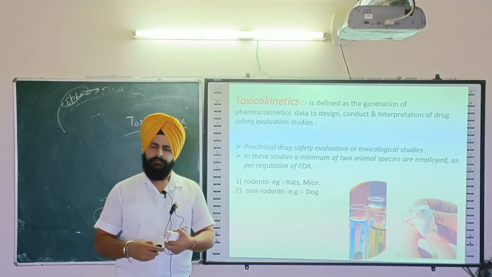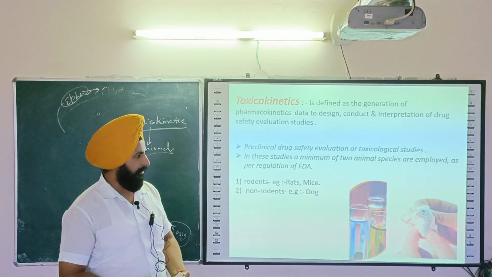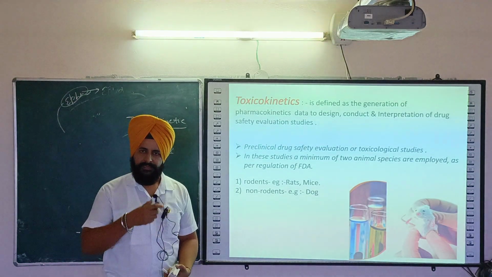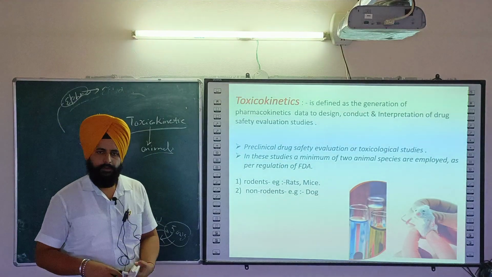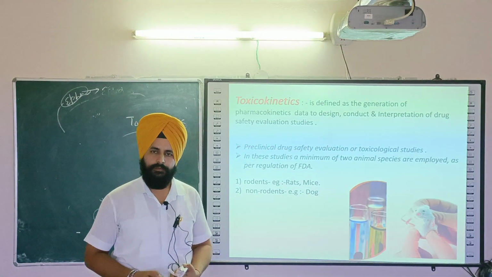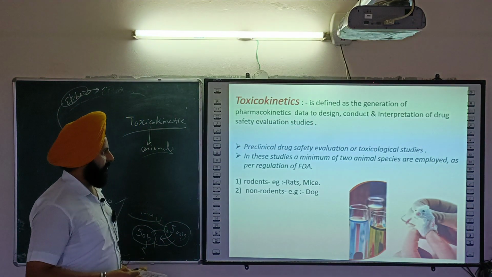So I will tell in brief and will give more and more knowledge in the coming slides and in this lecture, how a researcher can go for toxicological analysis by using the toxicokinetic method.